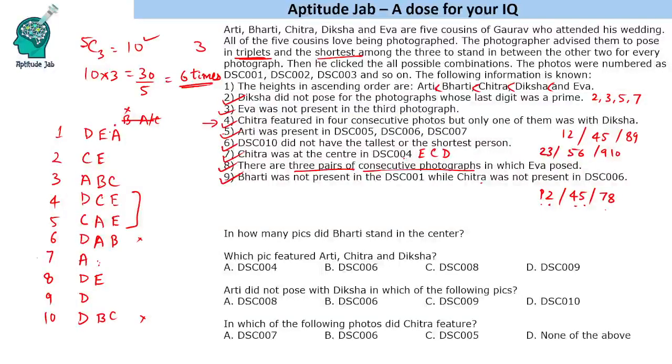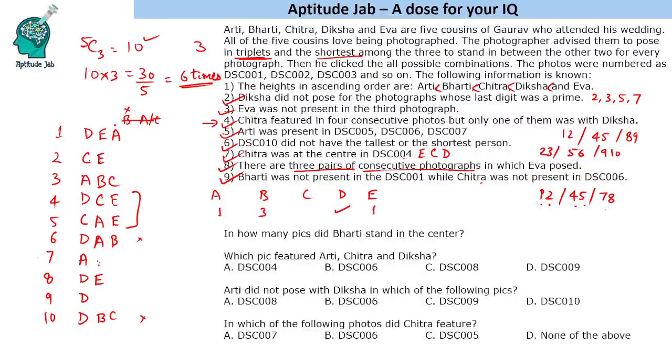Okay, so what we need to find out is the combinations that are left. Let us first find out how many photos of each person are left: A, B, C, D, E. D's were all done. Let us find out, E has one photo left. We will have to find out where E will fit. A has 1 2 3 4 5, so one photo of A is left. B is present in 1 2 3, so B is to be fit in 3 photos.